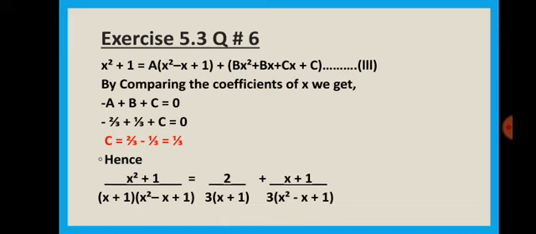And when we put this value of bx plus c in last term, we will get x plus 1 in numerator and 3 in denominator along with the factor x square minus x plus 1. So in this way we have made the partial fractions of the given rational expression.